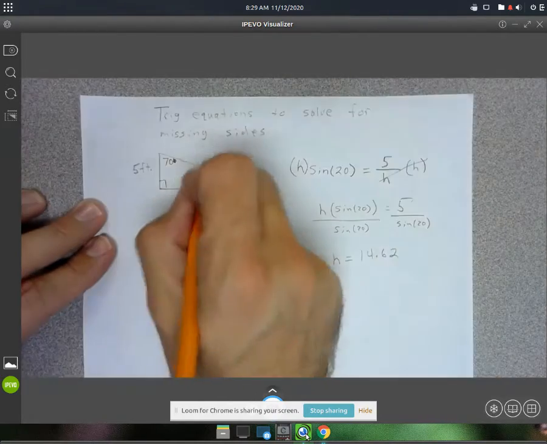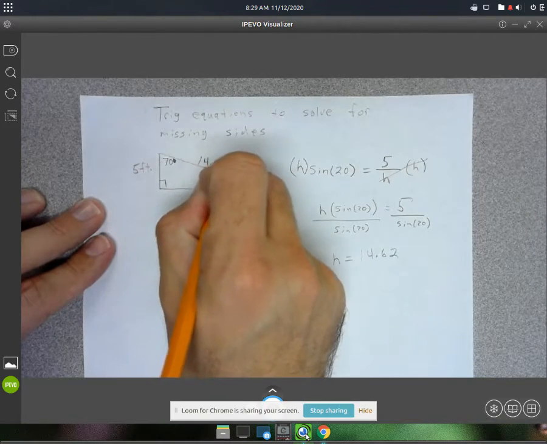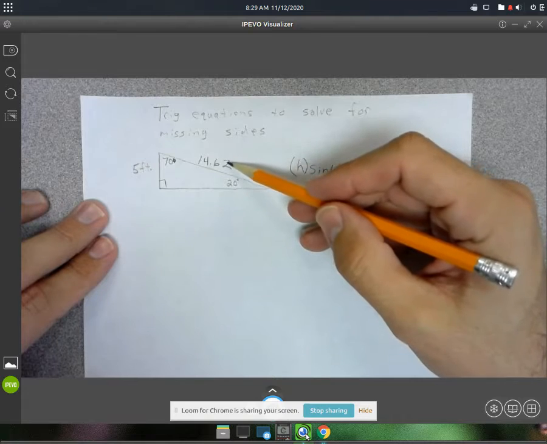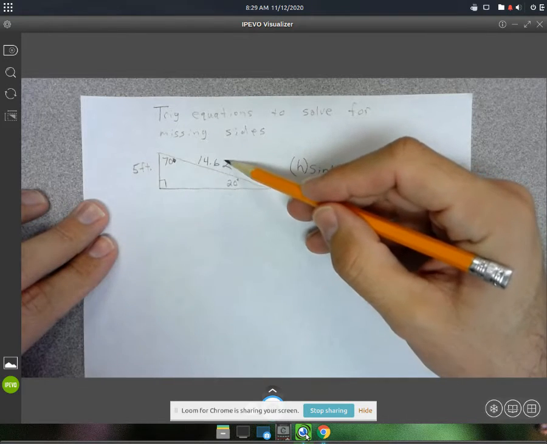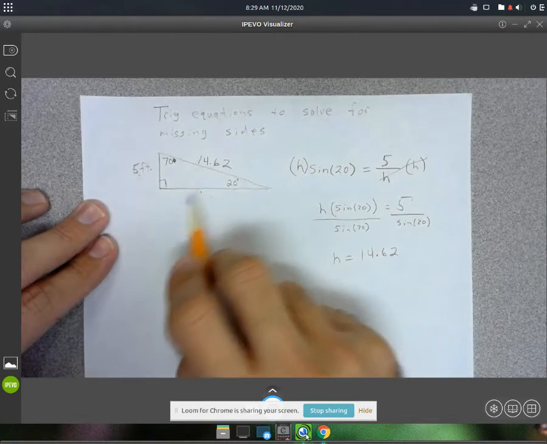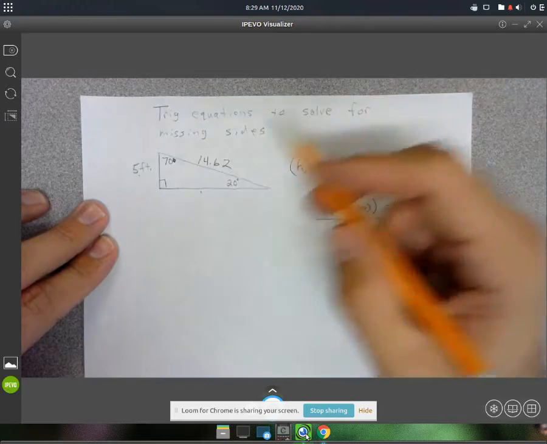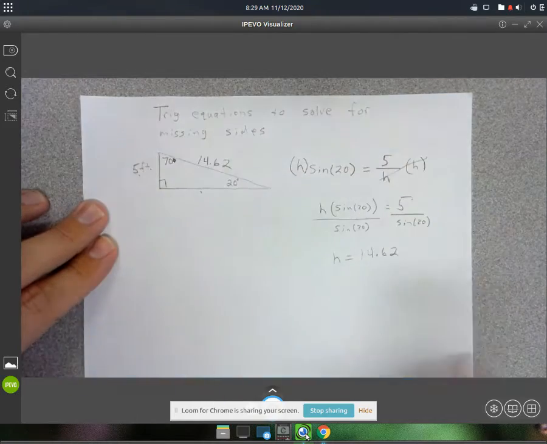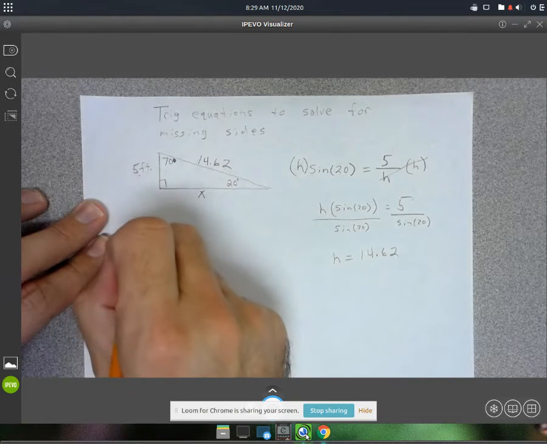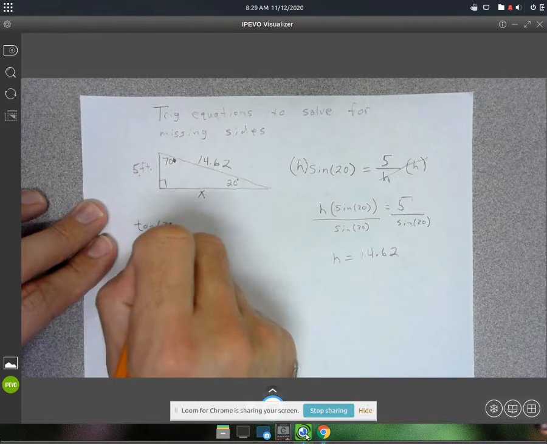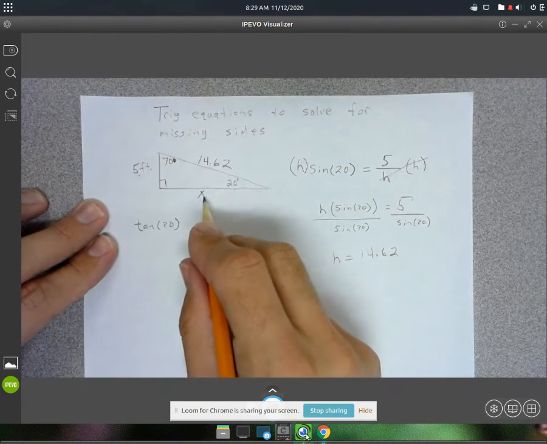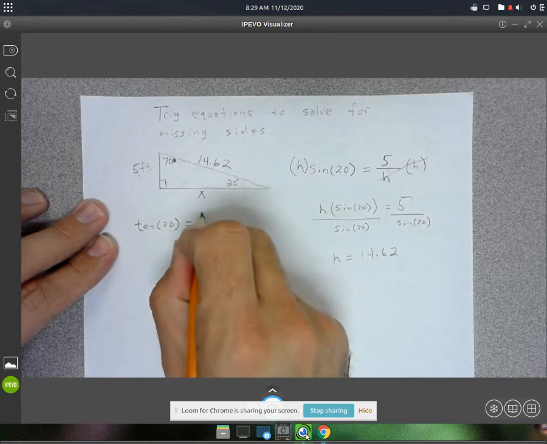Now that you know this is 14.62, you've got two options here. You could do the Pythagorean theorem, this squared minus this squared is equal to this squared. Or to solve for this missing side, we could do tangent of 20. Tangent of 20 is going to be opposite over adjacent, so it's going to be 5 over x.